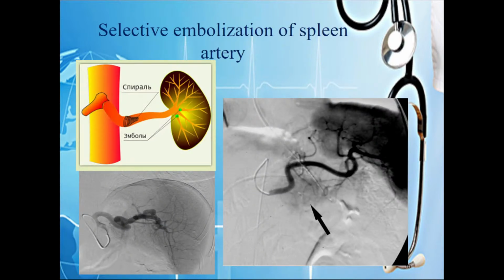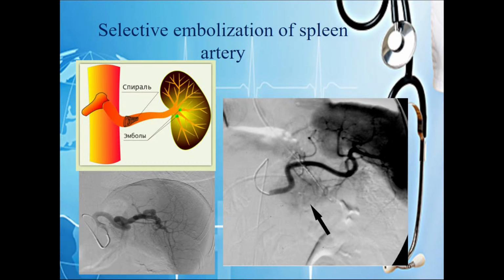Okay, what other methods are available in case of bleeding from the spleen? The more modern method of treatment is the endovascular procedure, the selective embolization of the splenic artery.